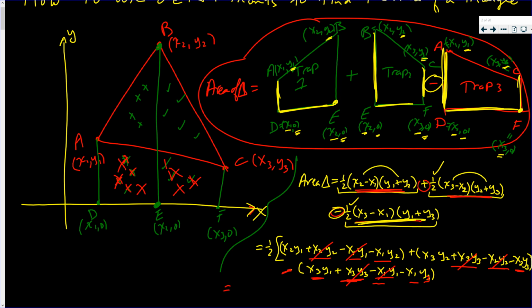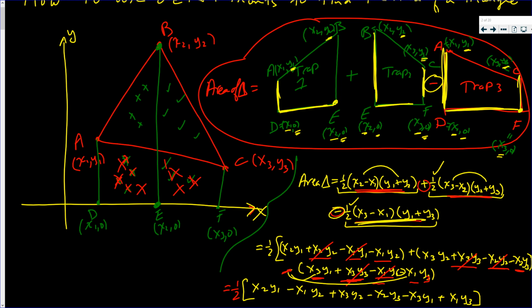So what I have is 1/2 times, just recopying what I didn't cross off yet, x2, y1 minus x1, y2 plus x3, y2 minus x2, y3 minus x3, y1 plus x1, y3, because minus a minus becomes plus. So that's what I have.